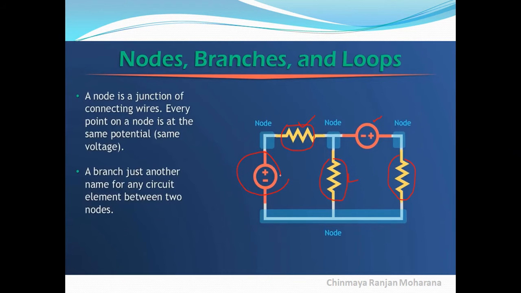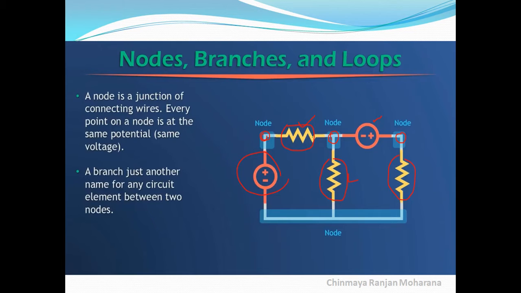First of all, we have to discuss the node. Then what is a node? If two elements are joined at a point, it is a node. Here also two elements are joined at a point, it's called a node. Yes, this point is called a node.